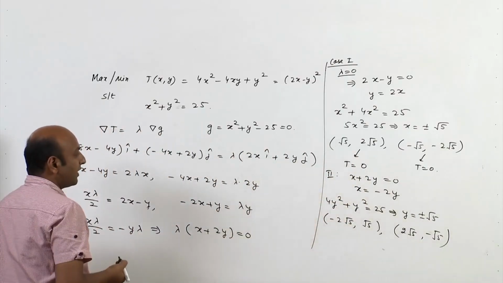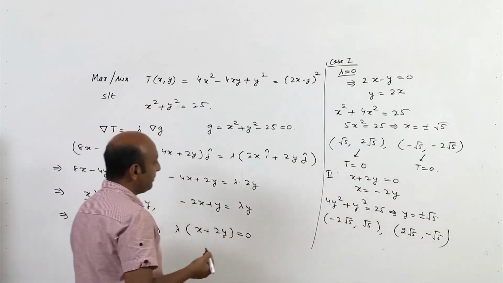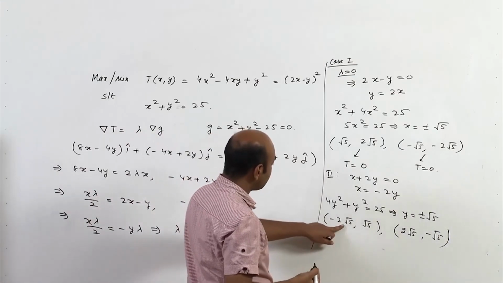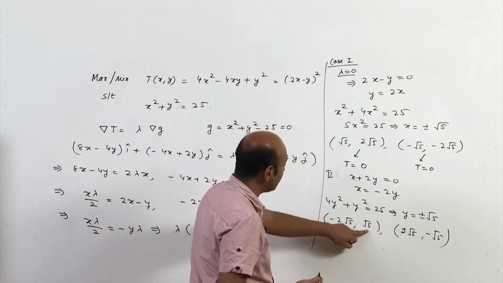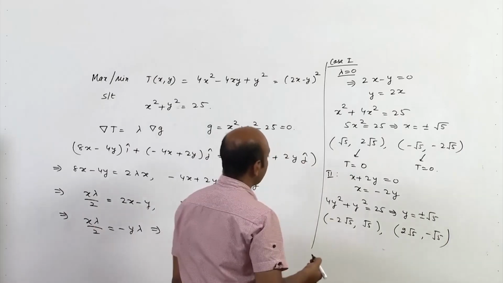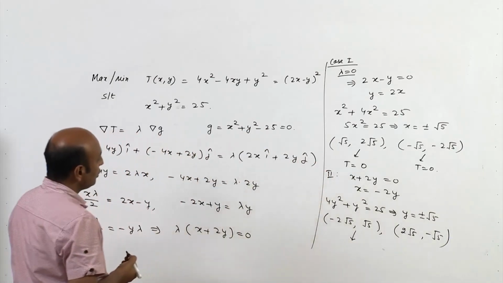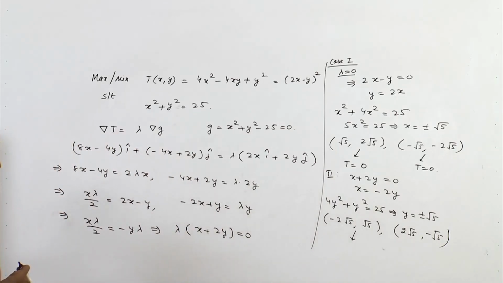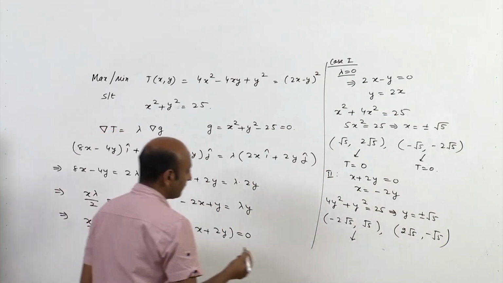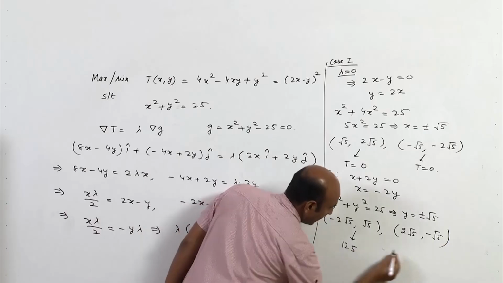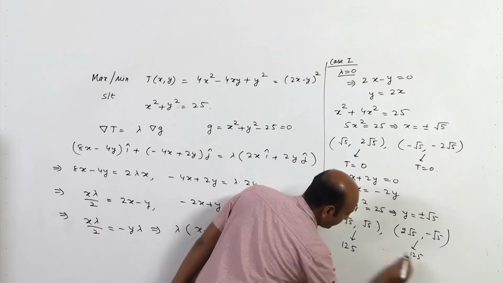Okay. And the value of T at this point, when you substitute x as −2√5 and y as √5, will be 2 into 2, 4√5, plus √5, that is 125, and here also it is 125.